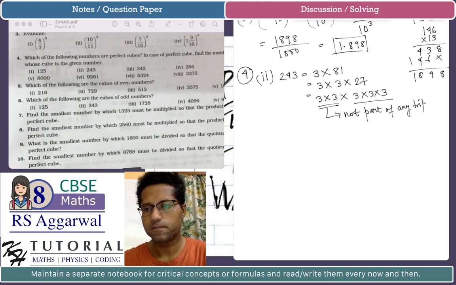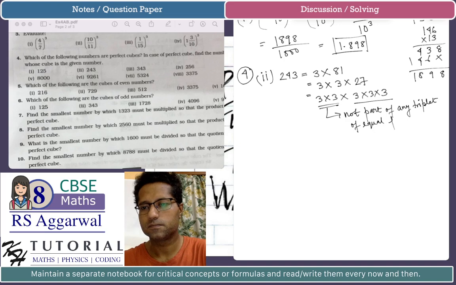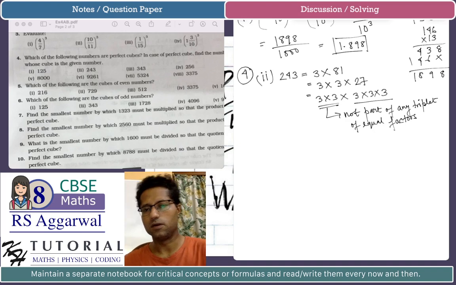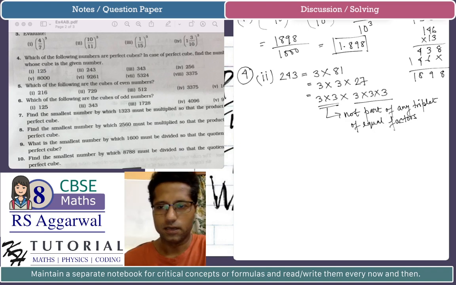Triplet means a product of three numbers, and in the triplet, all the factors must be equal. So in this example, only one triplet is formed, that is 3 into 3 into 3, and the remaining two factors of 3 are left behind, which is not part of any triplet. So this is not a perfect cube.